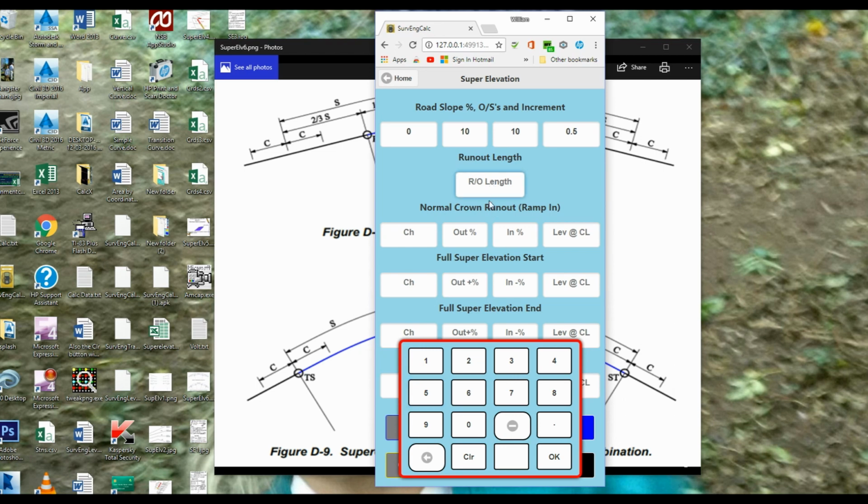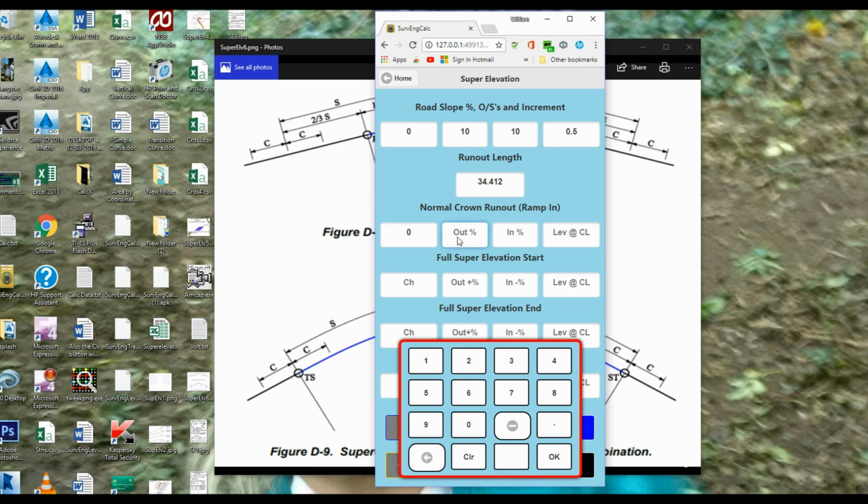Now, the run out length, which is what we've already calculated, which is 34.412. The chainage, I'm just going to put 0. So that point there is going to be 0. That's the ramp in. And I know that the run out distance there is 34.412.